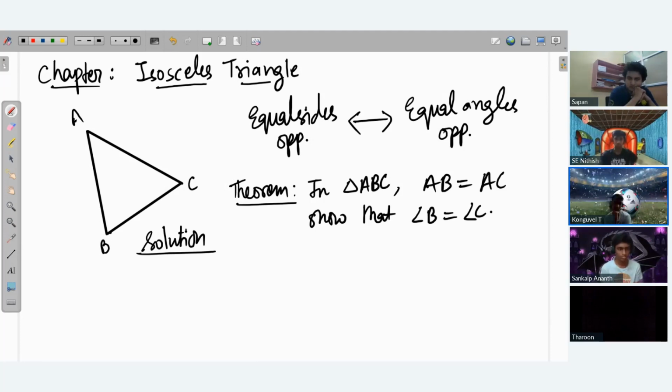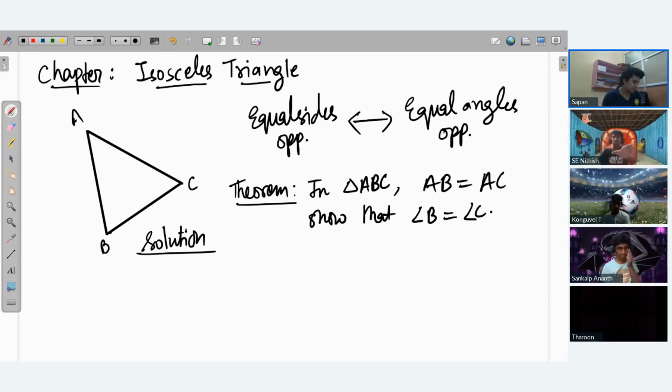Sir, because isosceles triangles are like that. Because the sides are the same, the angles cannot be different from one another.